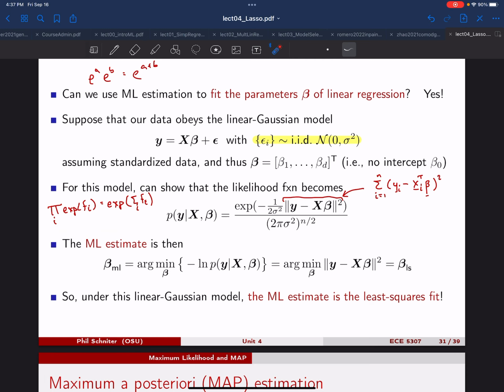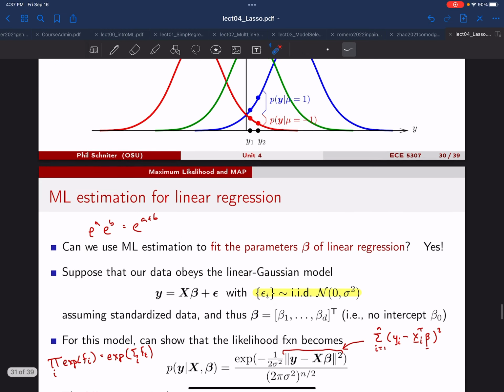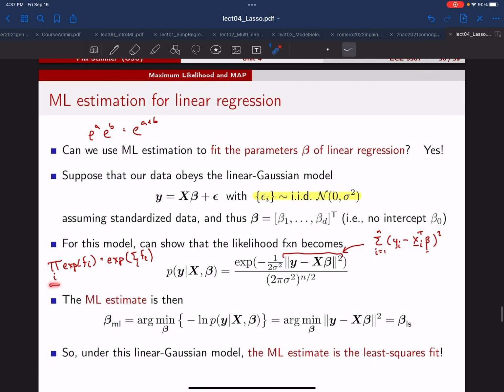I'm trying to connect this back to here, this kind of form. You have a product of Gaussians. So here we have a product of Gaussians. I'm shortening things, and I can essentially move that product through the exponent, and it manifests as a sum inside the exponent. That's given by this idea: a product of exponentials gives you the exponential of the sum of the exponents.